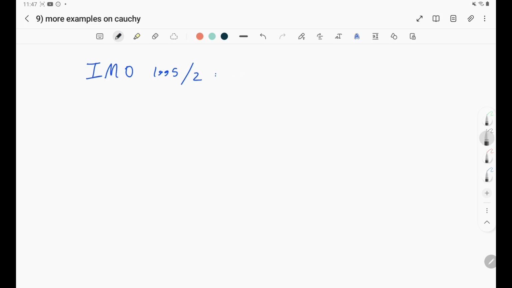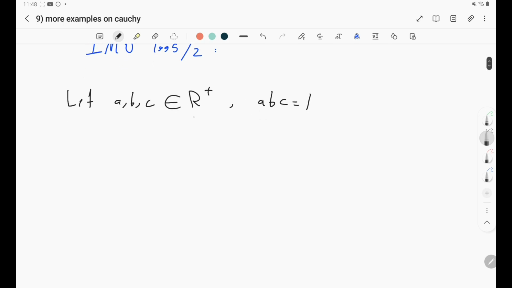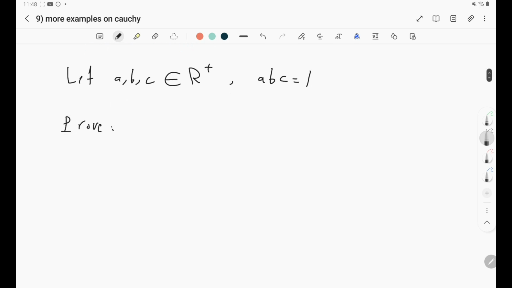In this question, we're given 3 positive real numbers, and they're giving us the condition abc equals 1, and we need to prove sigma 1 over a cubed times (b plus c) is greater than or equal to 3 over 2.